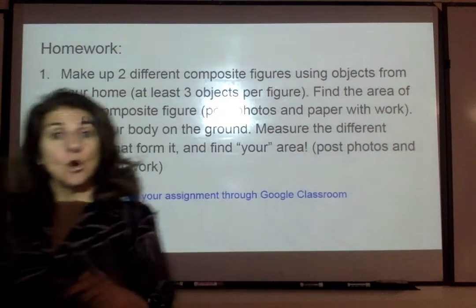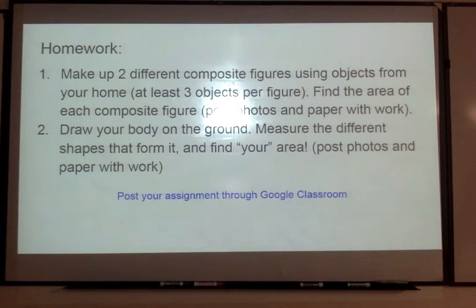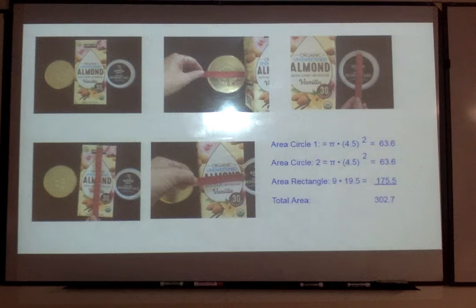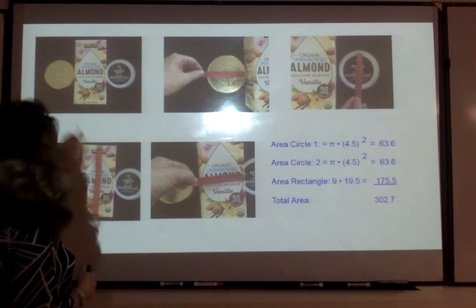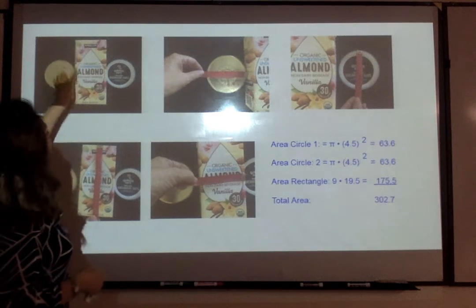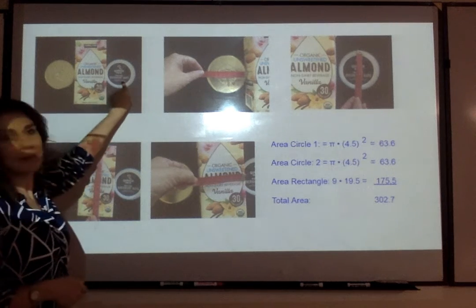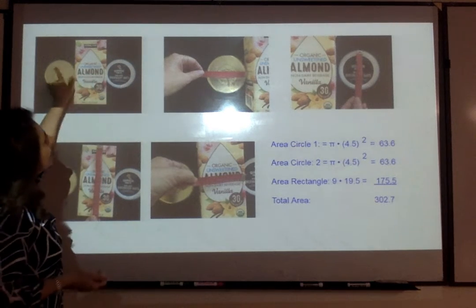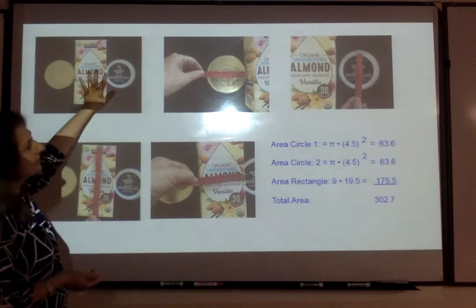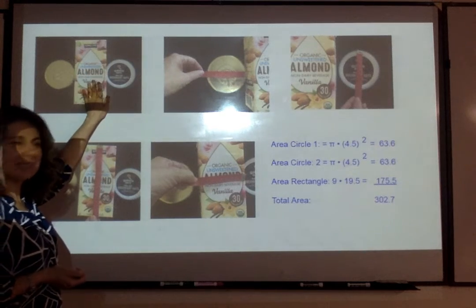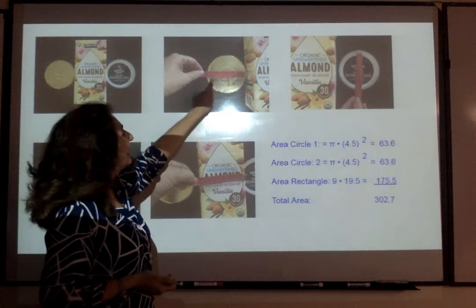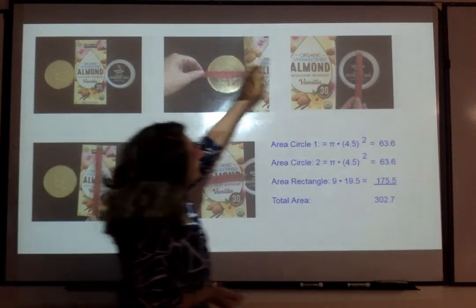So I'll show you what I did in my home to demonstrate how to do this homework. So I got milk and 2 lids, one from my cocoa powder and one from oats. So this is my composite figure. I took a picture of it. And then I measured each one of the lids.